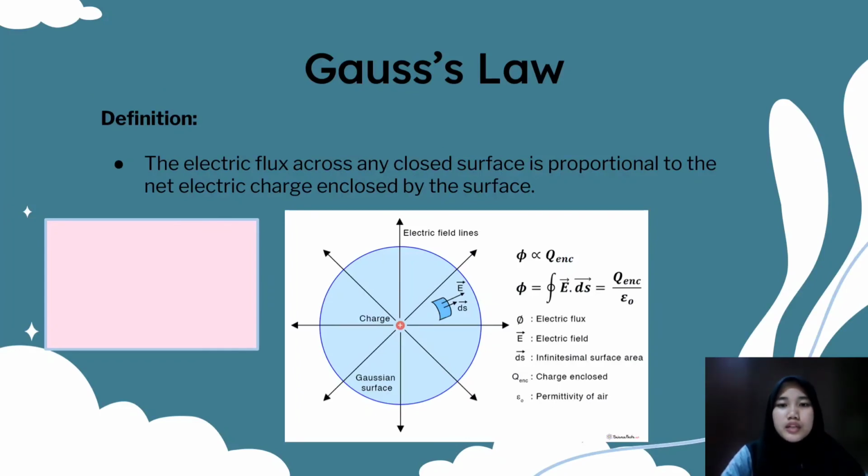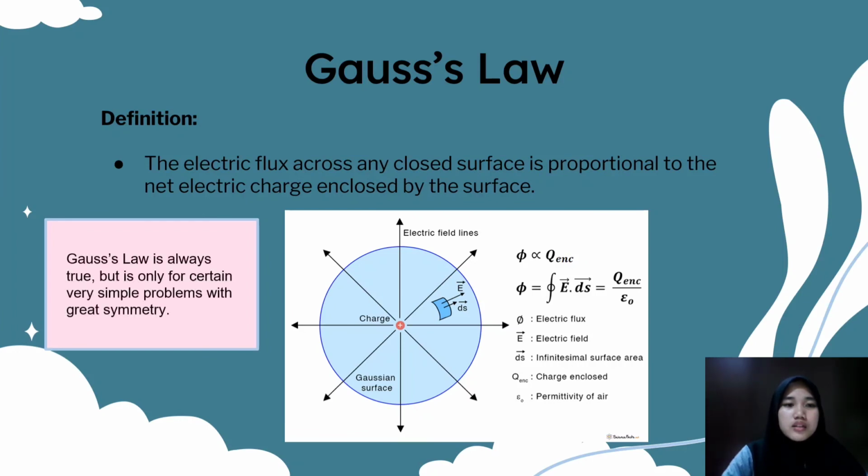So the formula is flux equals Q enclosed over epsilon, the total surface.